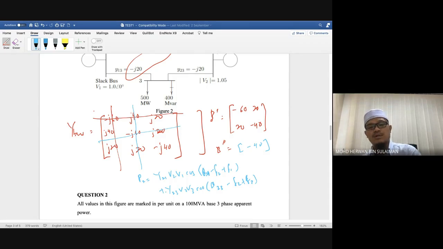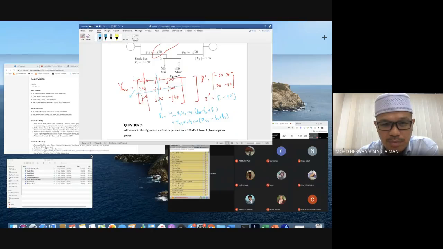Okay, so you dapat yang ni. So Y magnitude lah. So yang ni sebenarnya you kena tukar dalam bentuk magnitude sebenarnya. So you dapat sudut semua 90 kan? Betul tak? You kena tukar dalam bentuk sudut 90. So that's why you dapat yang itulah.